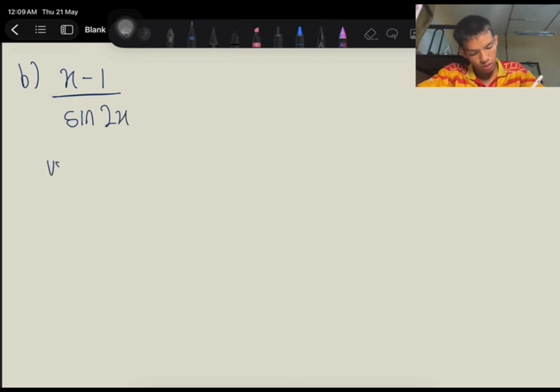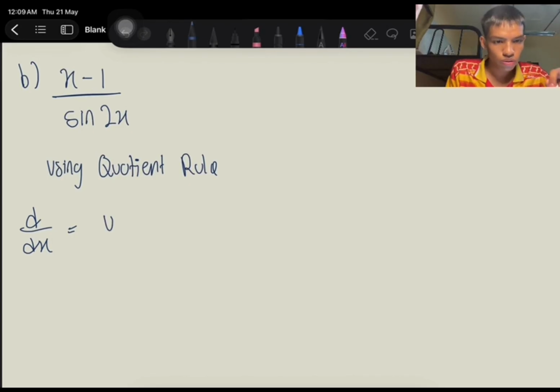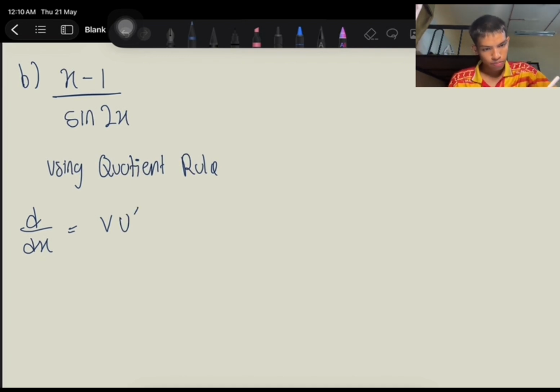So using the quotient rule, the formula is d/dx equals to (u'v minus uv') divided by v squared.